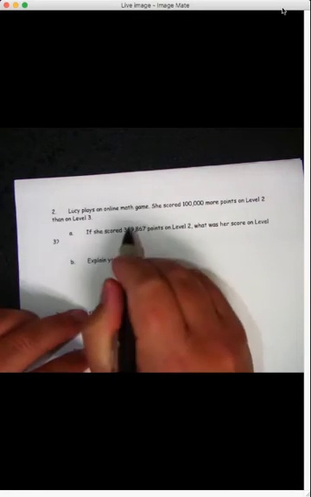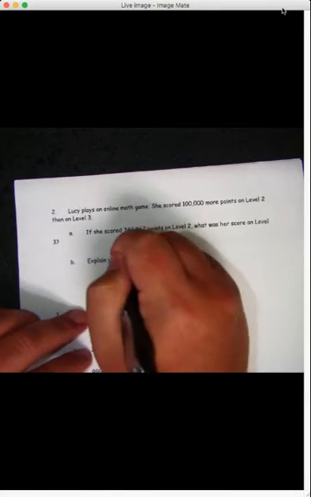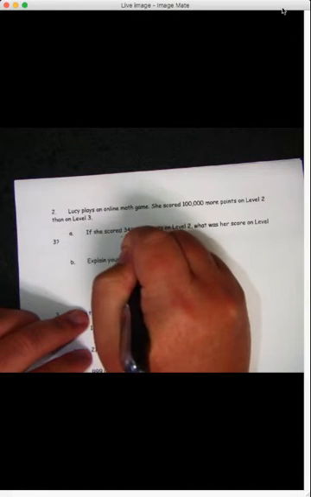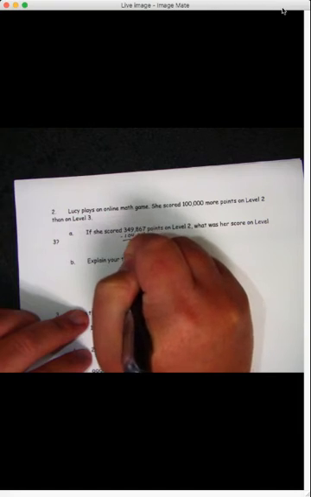Okay, let's write that number out. Well, we've got it right here. So she scored this many points on level 2, but she scored 100,000 more points on level 2 than level 3. So if we've got to find level 3, we're going to have to take away 100,000 points, aren't we? So we're going to take away 100,000 points and subtract.